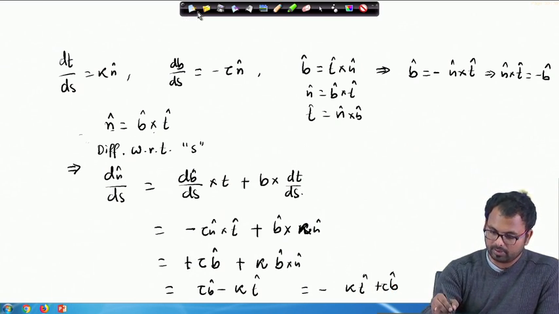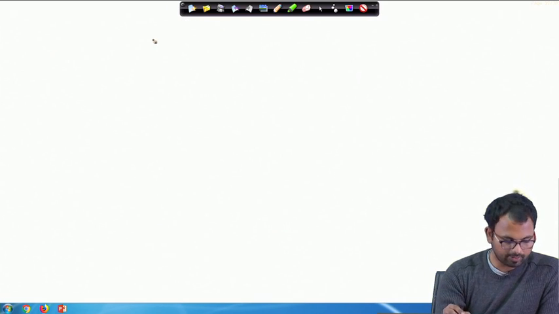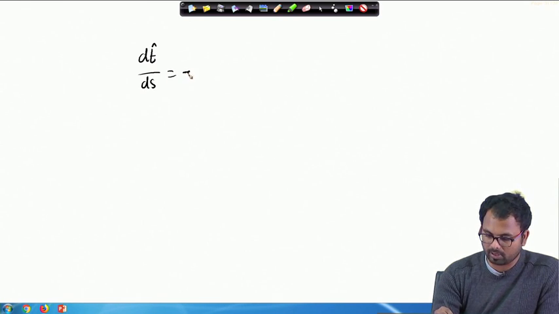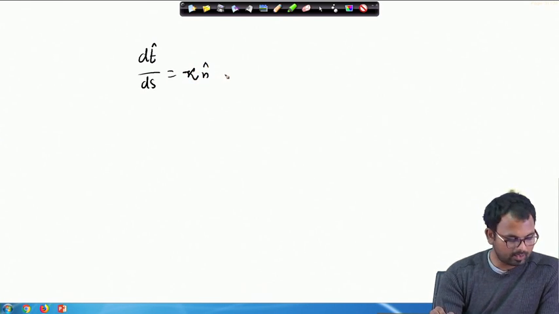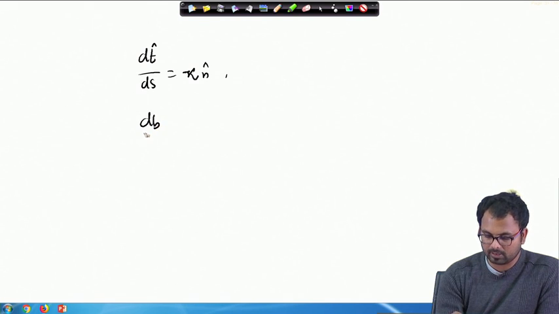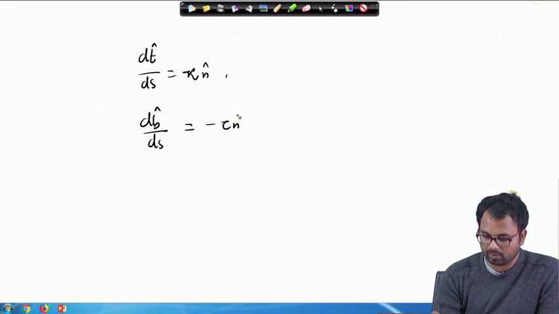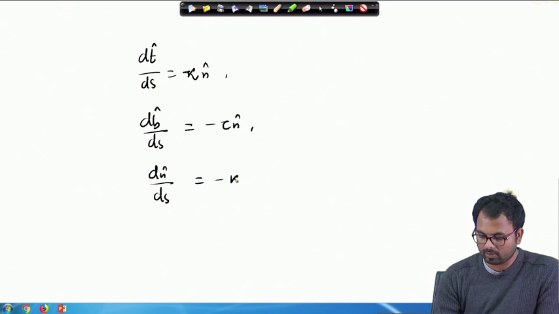If I write these three relations all together: dT/ds equals kappa N cap, dB/ds equals minus tau N cap, and dN/ds equals minus kappa T cap plus tau B cap.